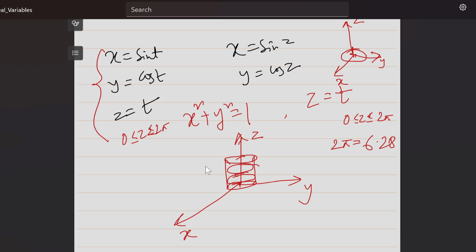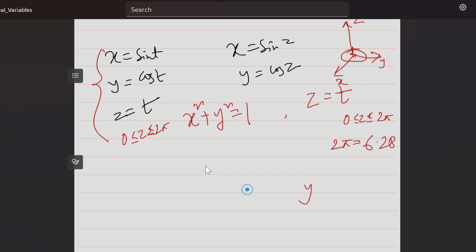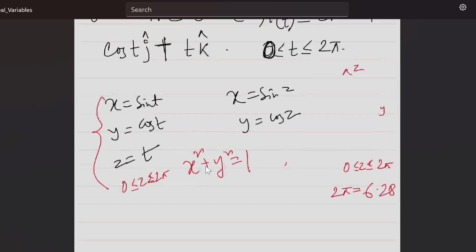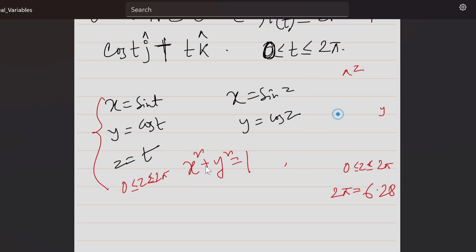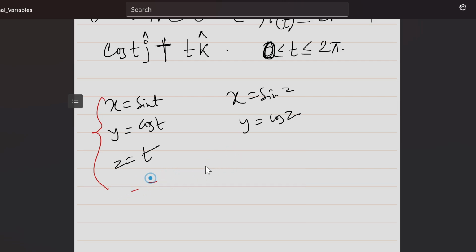That means it is a cylindrical type of thing. Okay, I will delete this graph because I have to solve the work done, which is the main thing. I am drawing this for your convenience, because you should know some graphs to solve problems graphically, which will help in future.